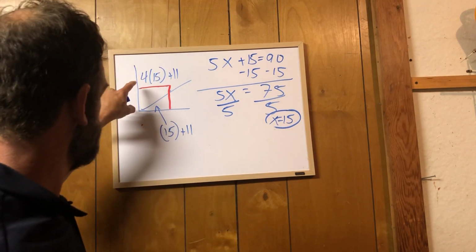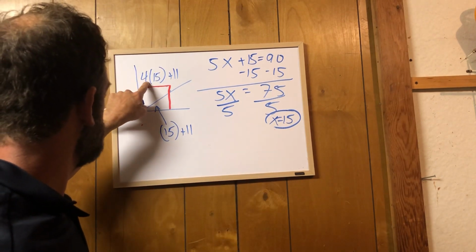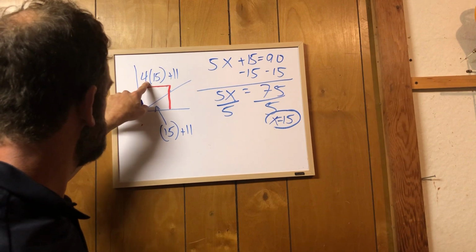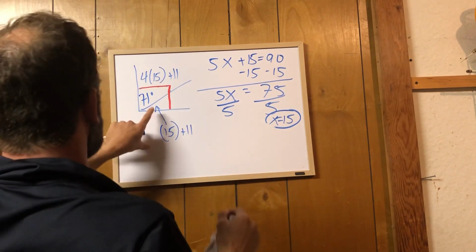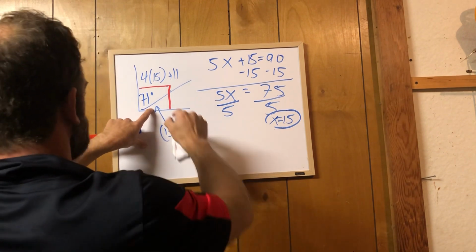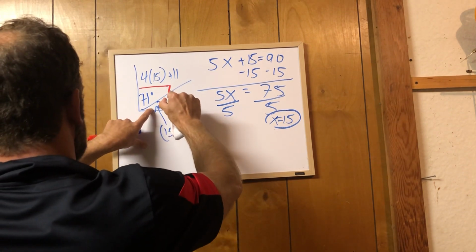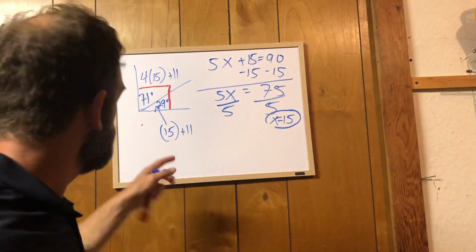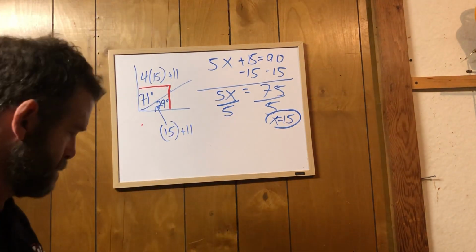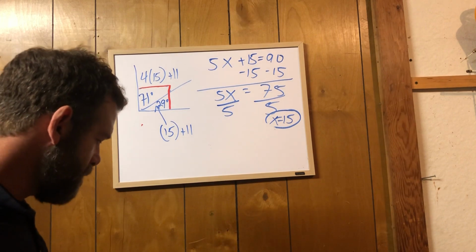This is going to be 71 degrees. This has to be 29 degrees, because 71 plus 29 is 90 degrees. That makes sense. Okay, 2 more questions.